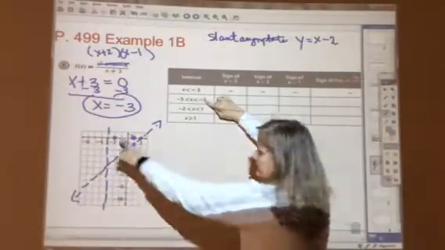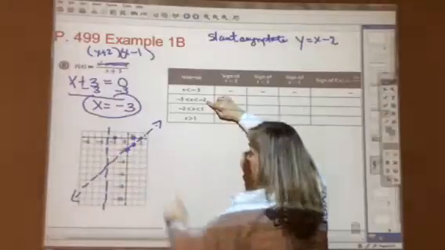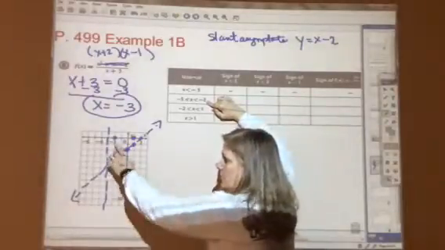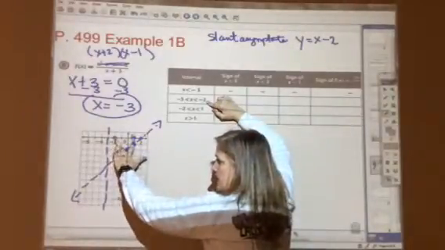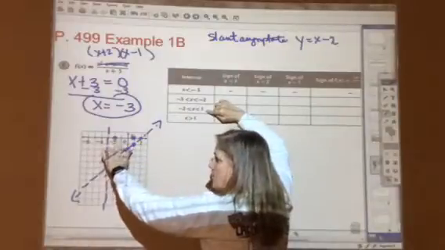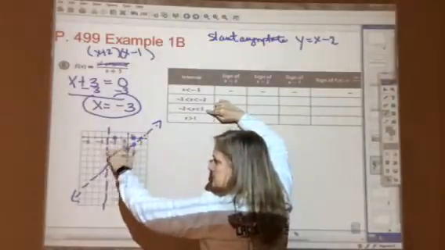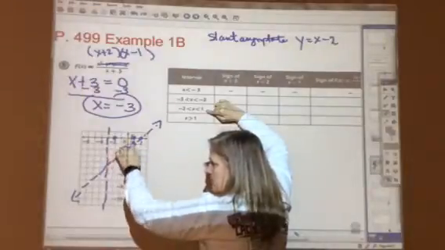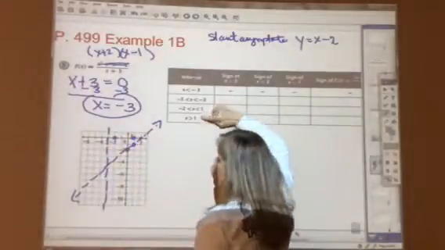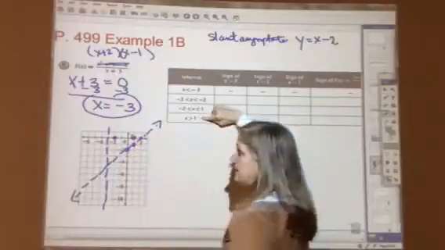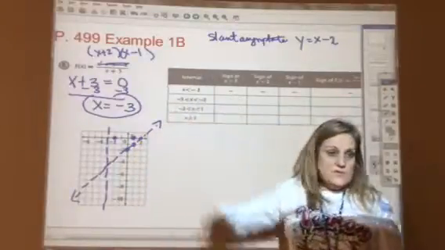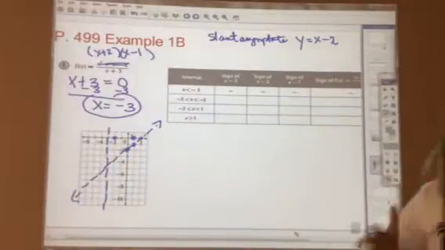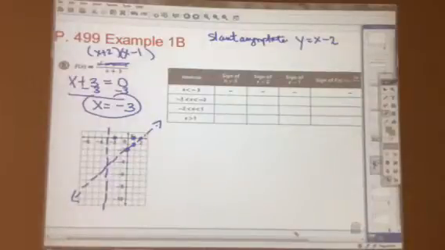I also need to know between -2 and +1, is it down here or up here? And then I need to know greater than 1. Do you see where these intervals came from? I need to know between each of those what happens.